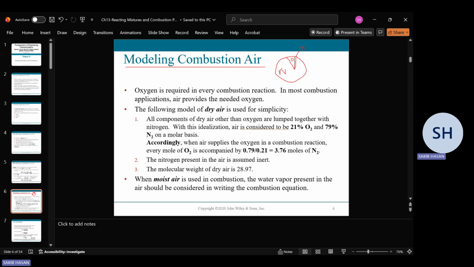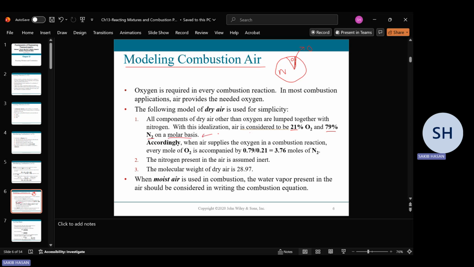Now, for the simplification of our analysis, we say this extra stuff is also oxygen. So we ignore this extra bit and just treat it as oxygen. And again, you will see that ultimately the ratio comes to 21% oxygen to 79% nitrogen on a molar basis.